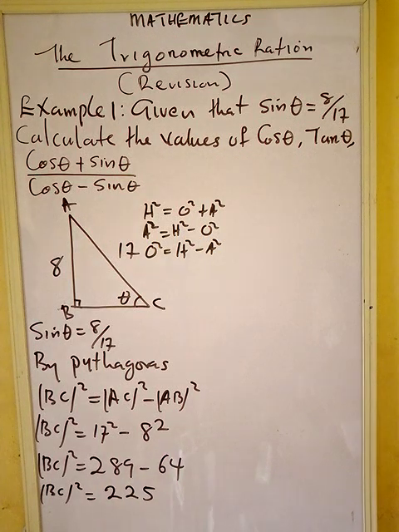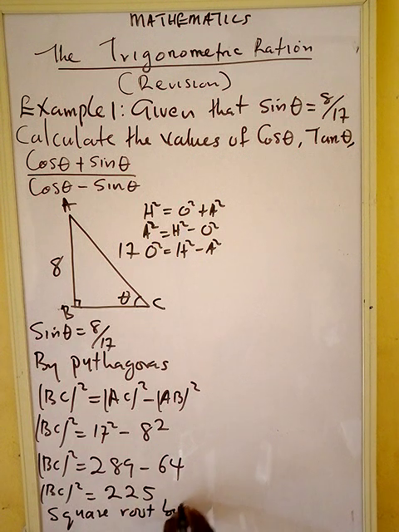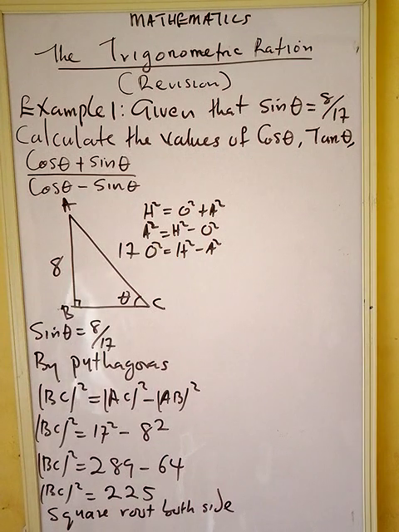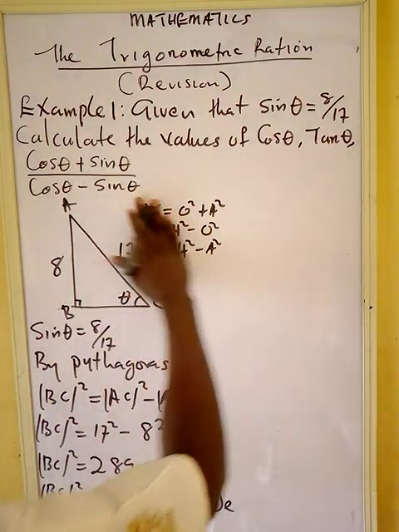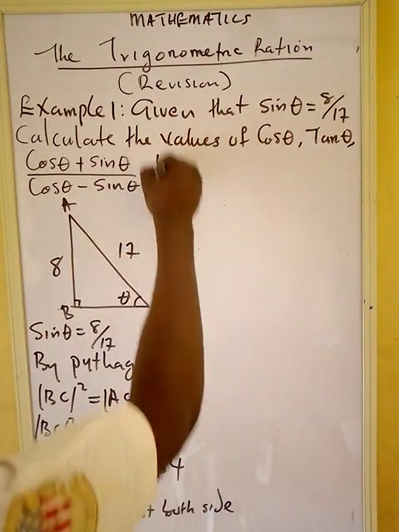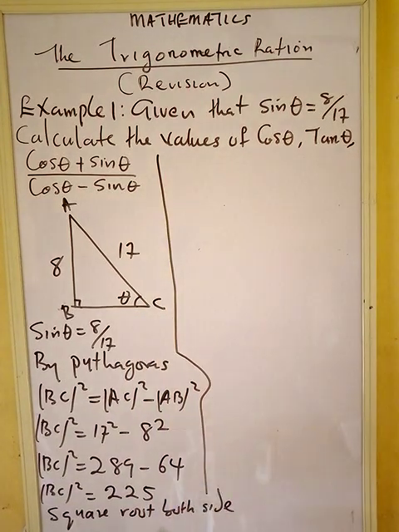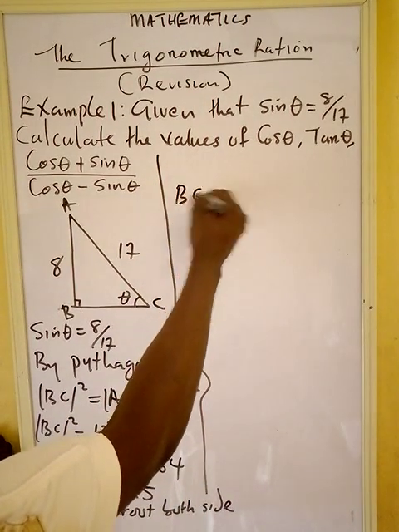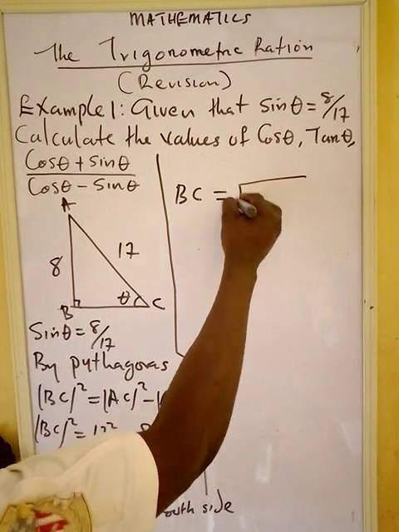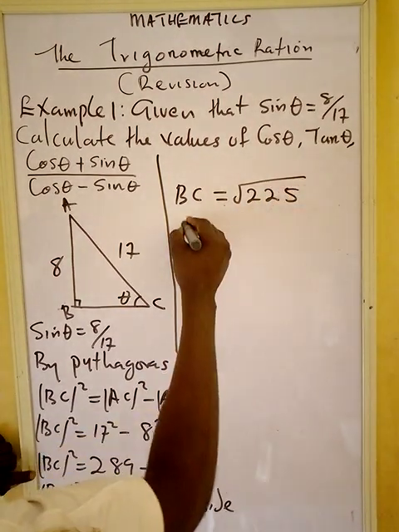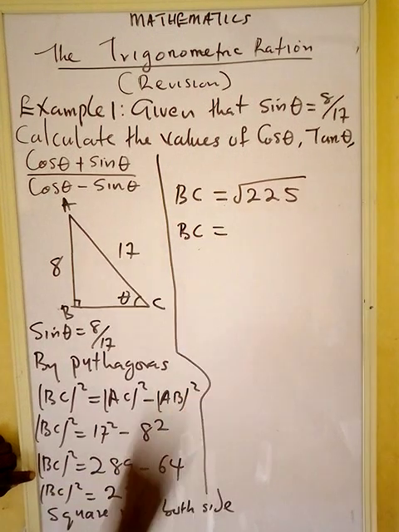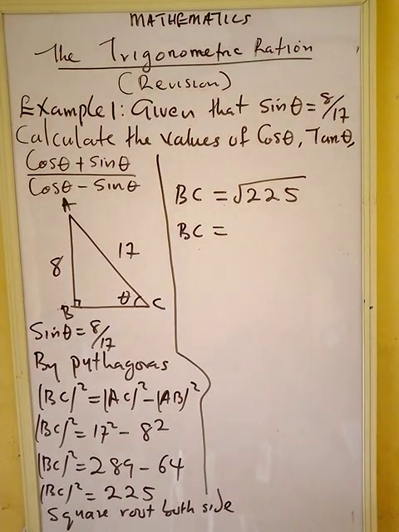Then take the square root of both sides, and we have BC equals root 225. The square root of 225 gives us 15.